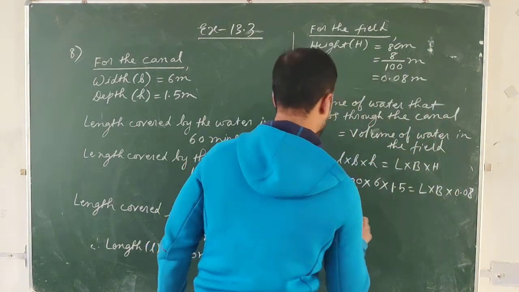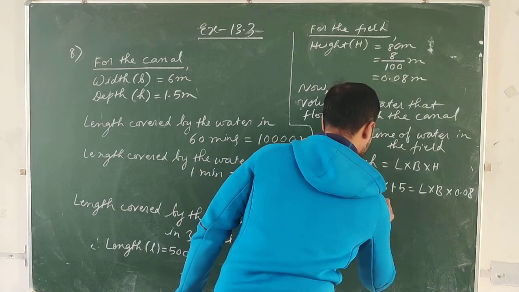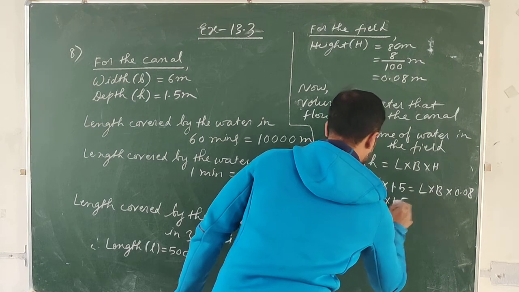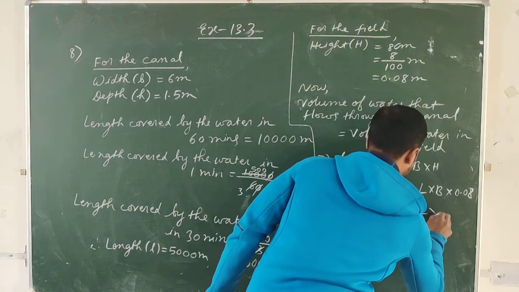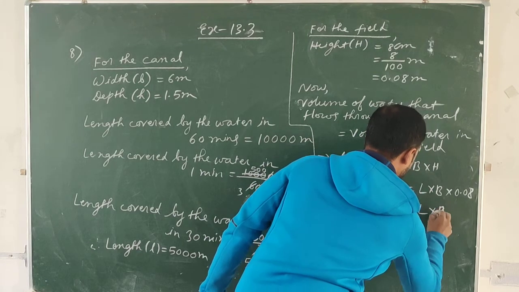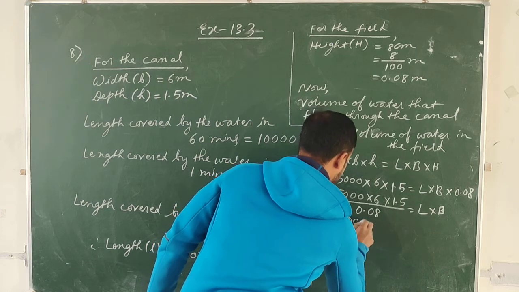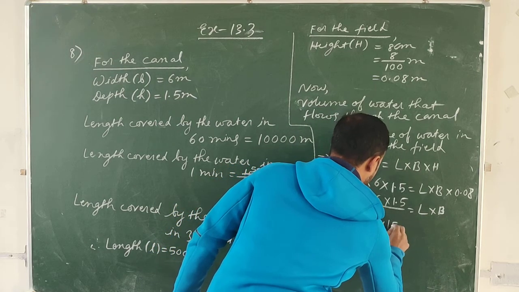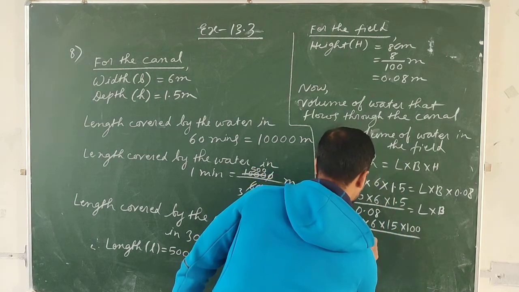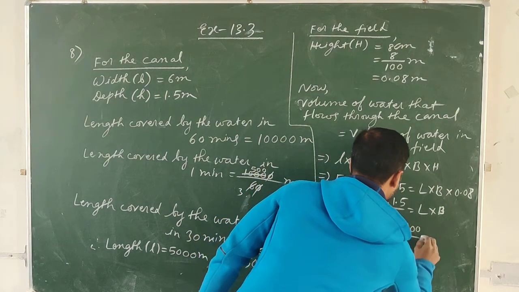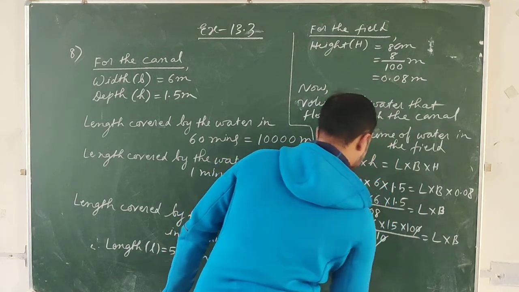So 5000 into 6 into 1.5 divided by 0.08 into B. So 5000 into 6 into 15 into 100 by 8 into 10 and into B. We will do this also.